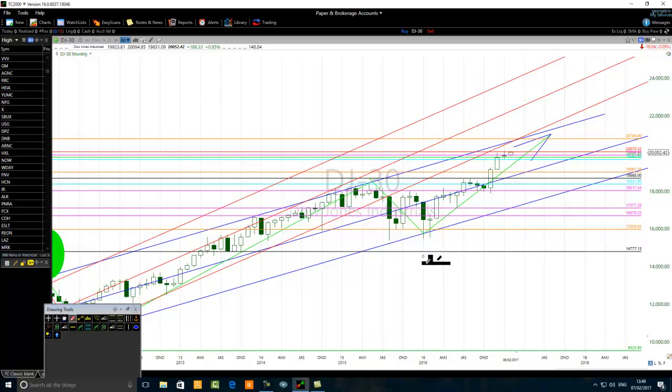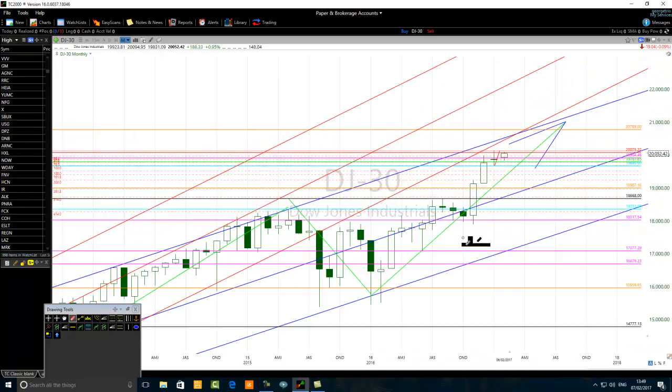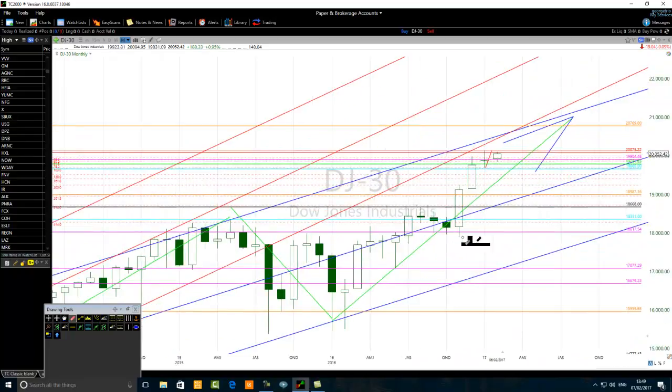I also mentioned to traders here the first long-term equilibrium price level for the Dow Jones, a very influential key level, at 18987. The current short-term equilibrium price level that will remain in place up to the end of February 2017 is 19904.